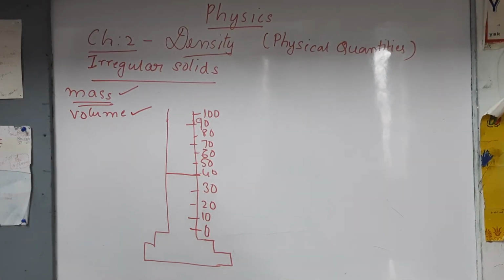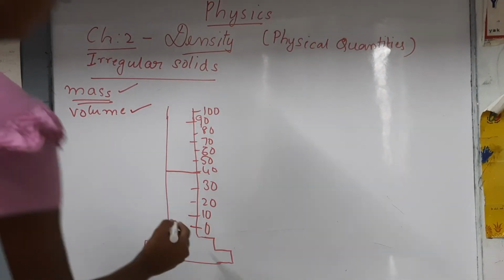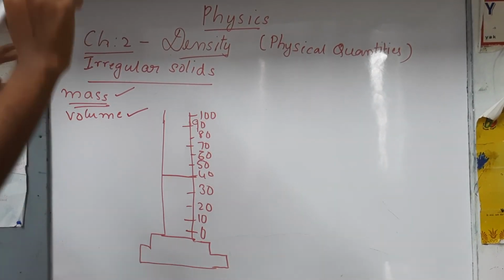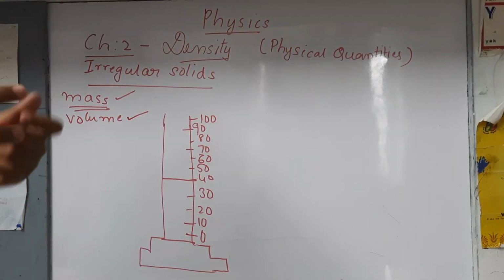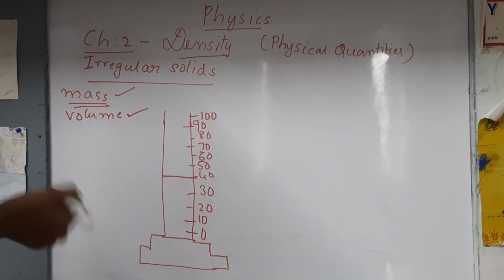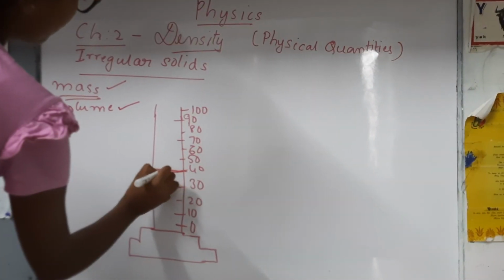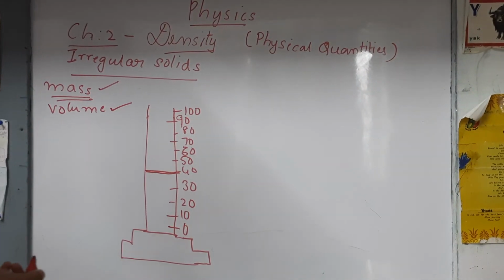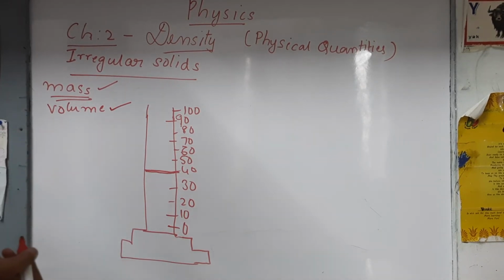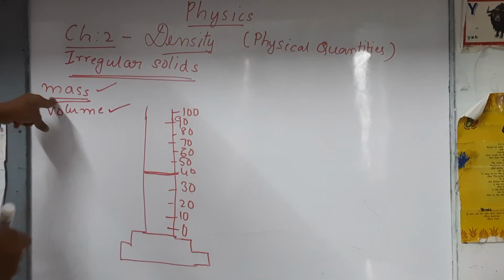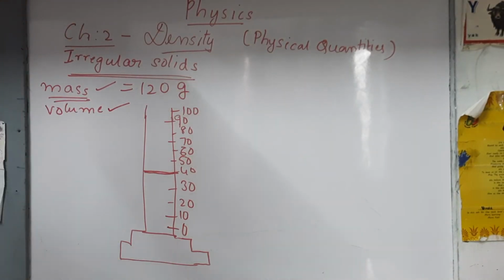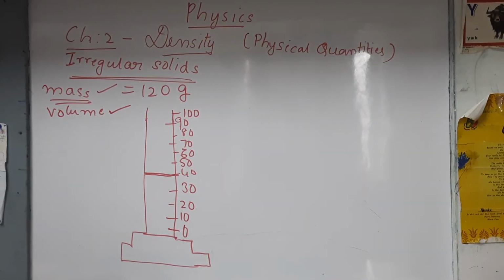As I told you, water has a meniscus, so it won't be in a flat position. I take 40 ml of water in the measuring cylinder. I take an irregular solid and find its mass. Let the mass be 120 grams. Now I have to find the volume.